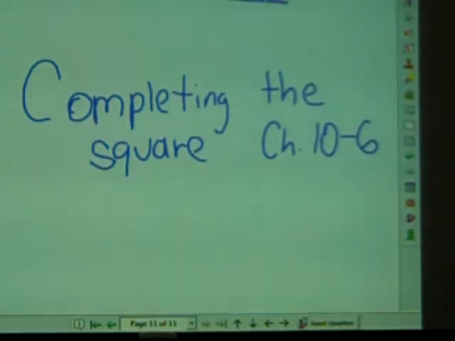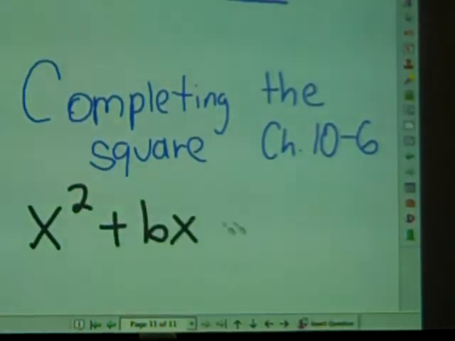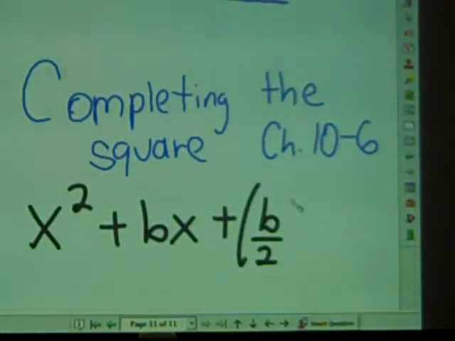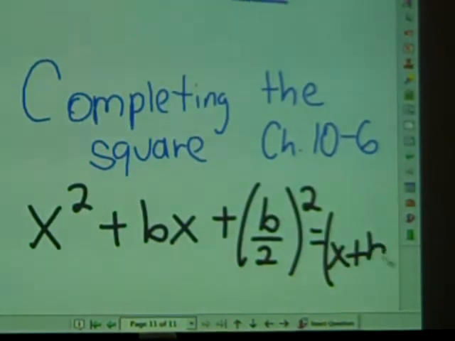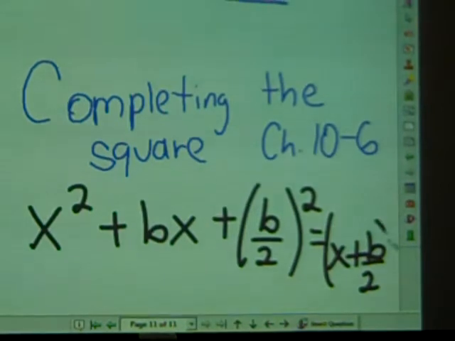What you have to do with completing the square is you take the formula x squared plus bx plus b over 2 to the second power, and it equals x plus b over 2 everything to the second power.